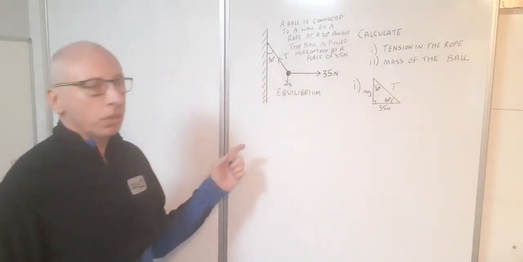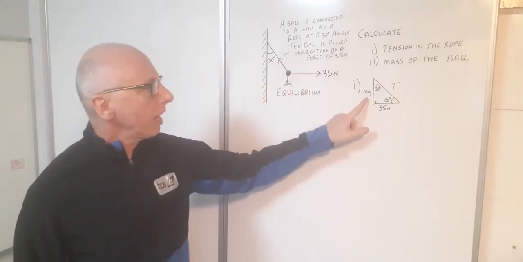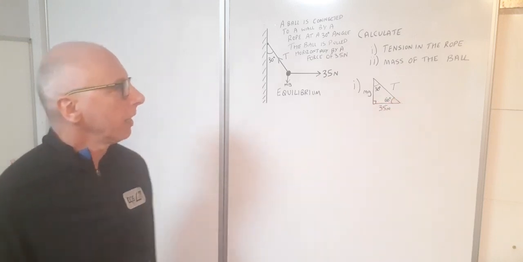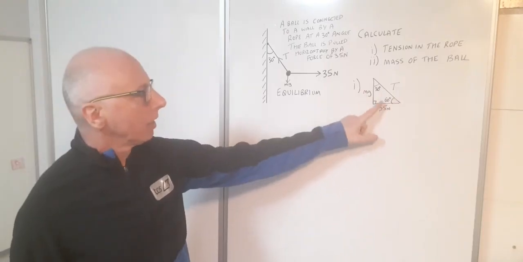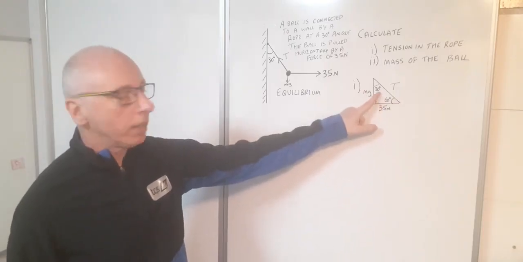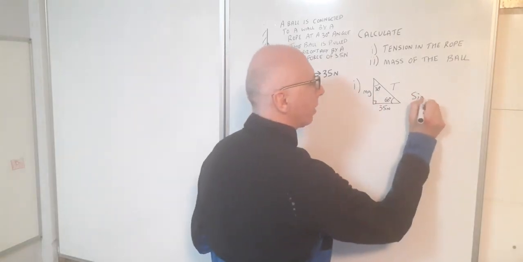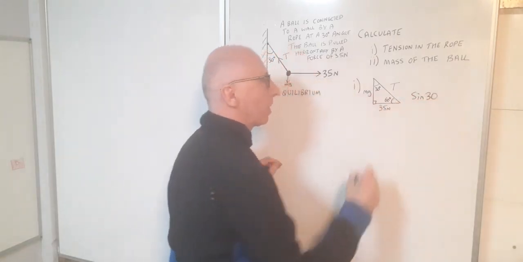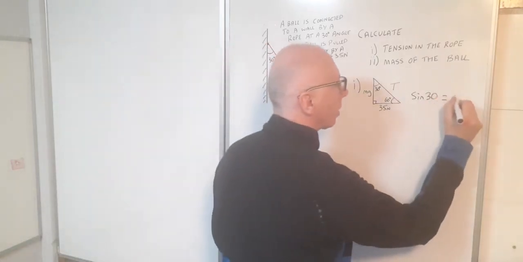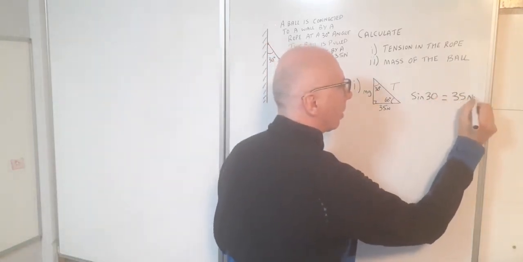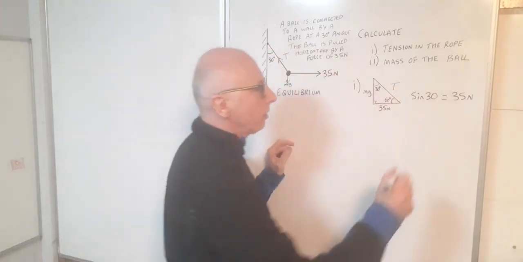So now I've got a good old-fashioned trigonometry puzzle where I can try and solve for either the mg or the T. Now first of all, what I could do is use SOHCAHTOA. So I could use sine of 30. So let's put sine of 30 degrees equals the opposite, which is 35 newtons, divided by the hypotenuse, which is T for my tension.